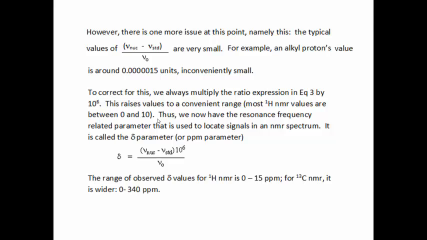This is called the delta parameter, or also the ppm parameter, and it's given by this expression. It's our equation 3 ratio times 10 to the 6th. The range of the observed delta values for H1 NMR, proton NMR, is 0 to 15 parts per million. For C13, the range is wider, 0 to 340 parts per million.